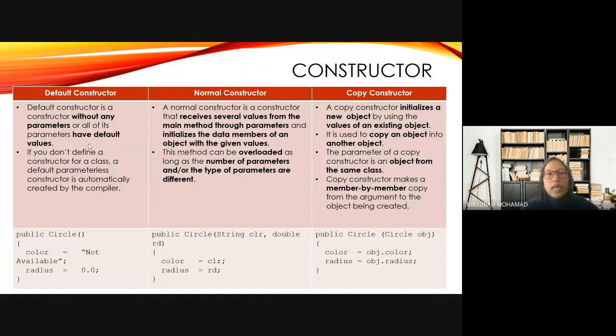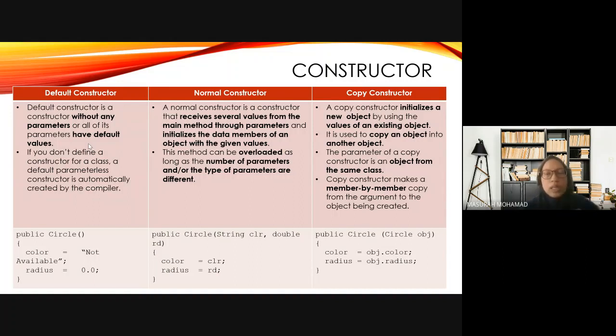Attributes, lepas dah declare attributes, followed by methods. So method yang pertama yang you all akan tulis ialah constructor. So there are 3 types of constructor: default, normal and also copy. Tapi yang selalu kita akan tulis adalah yang 2 ni, default and normal.